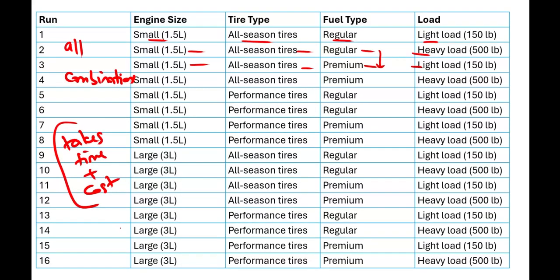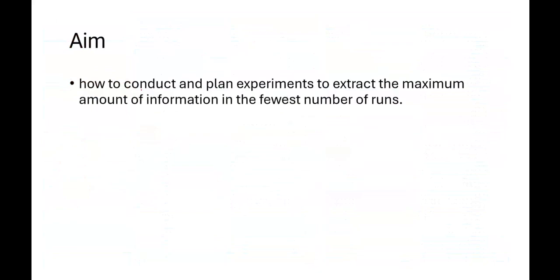Now it is 16, it may be 50, 60, 100, 200. So that is the reason we plan experiments: to have the maximum amount of information in the fewest number of runs. That is the main part of today's lecture.